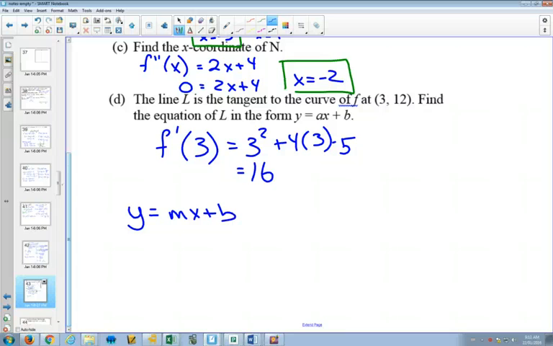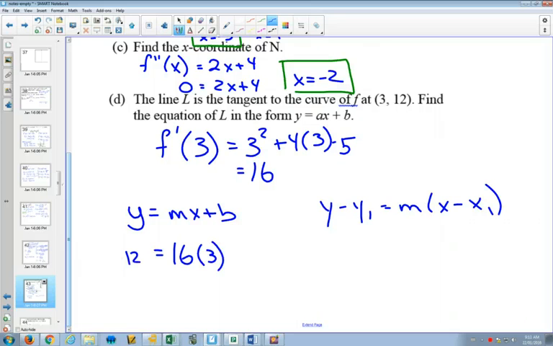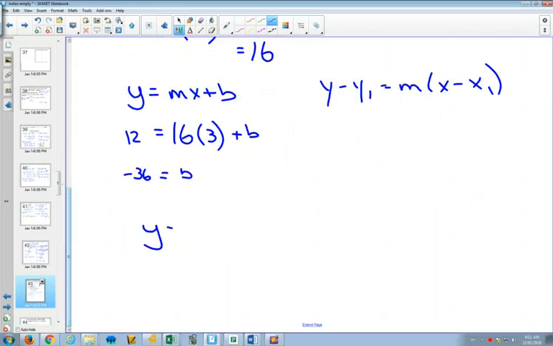If you're used to using y equals mx plus b, or if you're used to using the point slope formula, you can choose either one. In y equals mx plus b, you know your slope, you know a point, you know that when x is 3, y is 12, and then all you have to do is solve for b. And once you've solved for b, then you can write your equation.